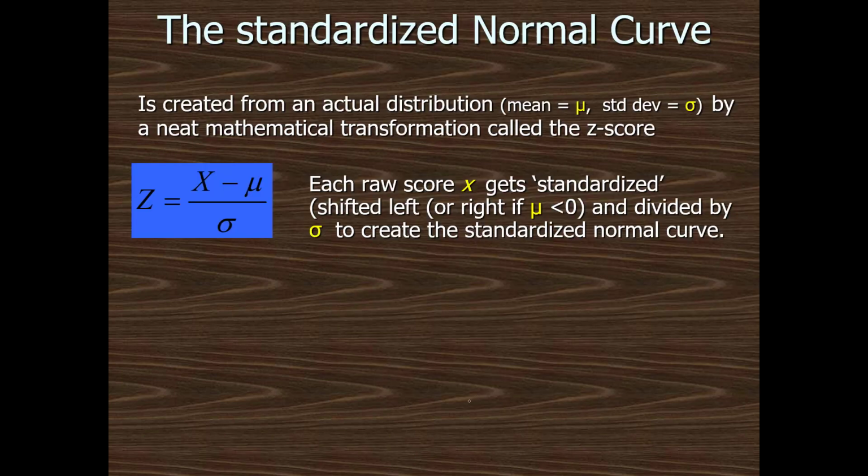The standardized normal curve is created from an actual distribution. How do we create the standardized normal curve? We create it through this little equation. Very simple. Transformation. We start with a raw score, subtract the mean, divide by the standard deviation. And this is for each raw score in the distribution.